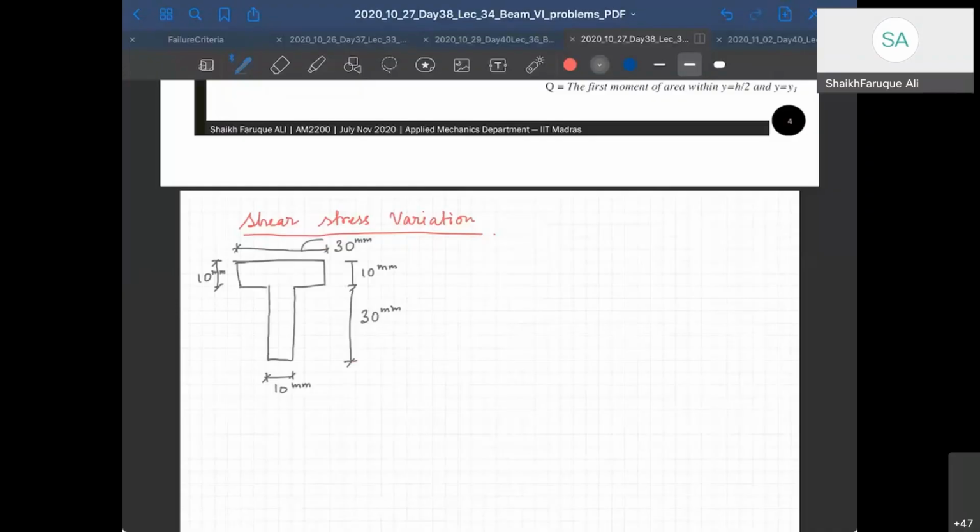Now what we have to find first is the neutral axis, right? To find its shear stress variation, we need to know where the neutral axis is.